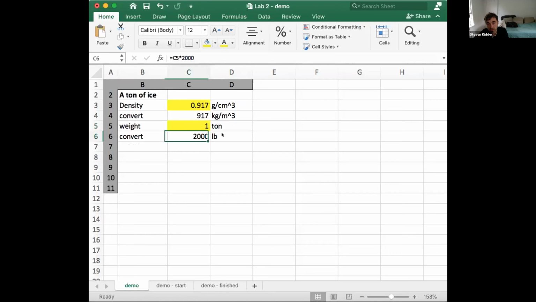So we need to go from kilograms to pounds. I looked this up. 1 kilogram on Earth's surface weighs 2.205 pounds.